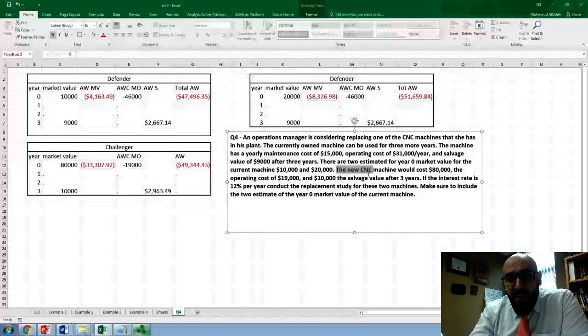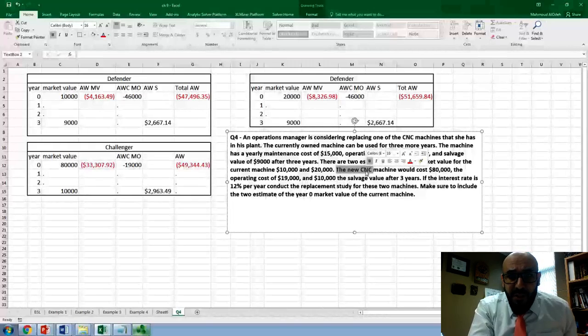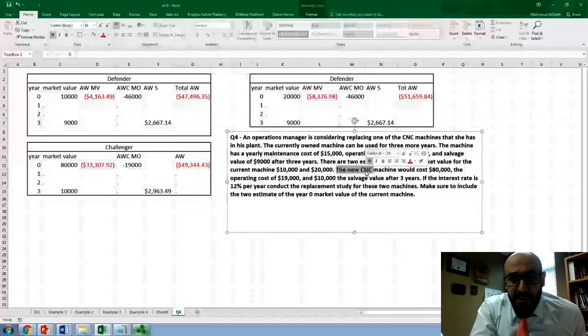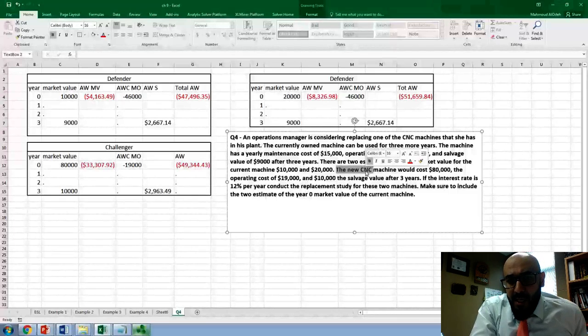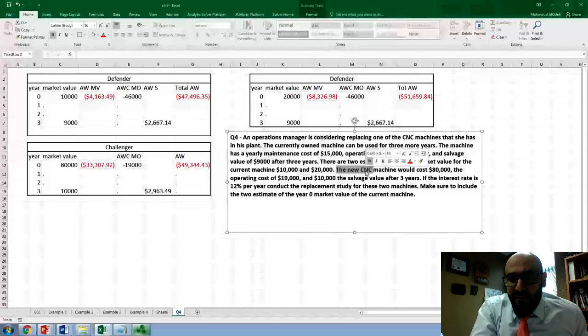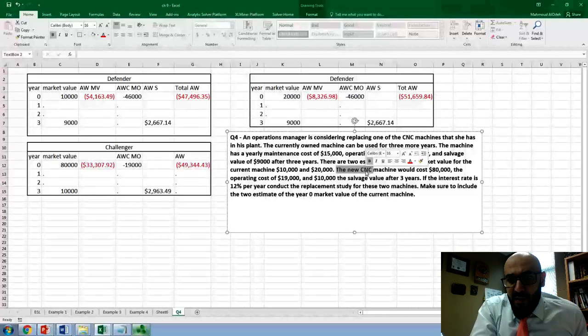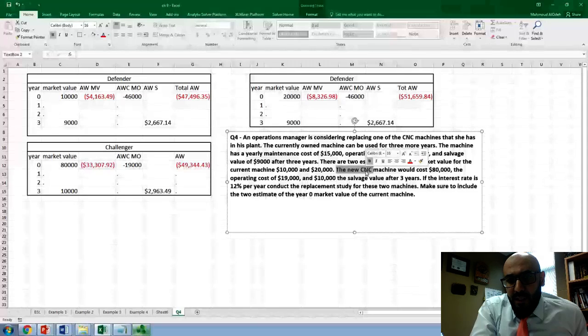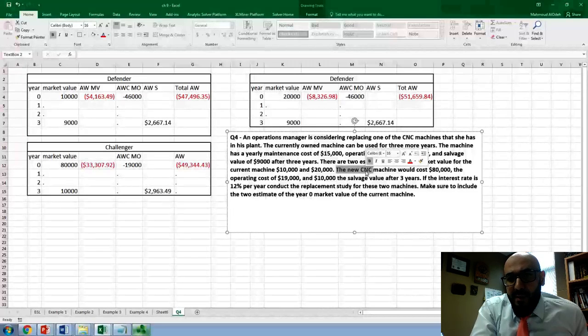The other option, if they want to replace this machine, is a new CNC machine that would cost $80,000 with an operating cost of $19,000 and a salvage value of $10,000 after 3 years. If the interest rate is 12% per year, conduct a replacement study for these two machines. Make sure to include the two estimates of year 0 market value of the current machine.